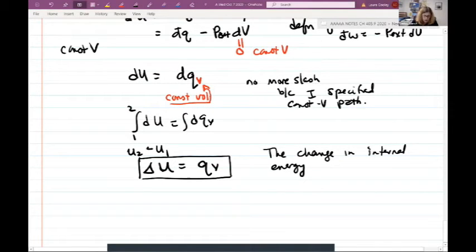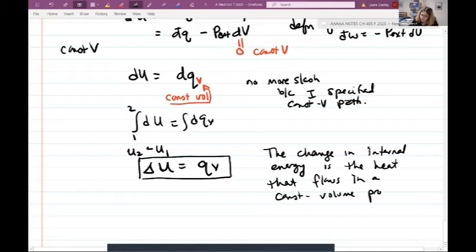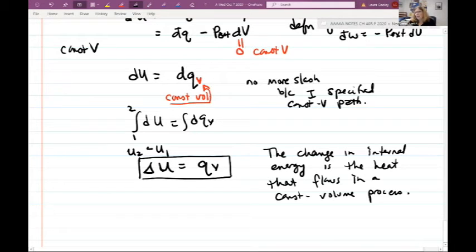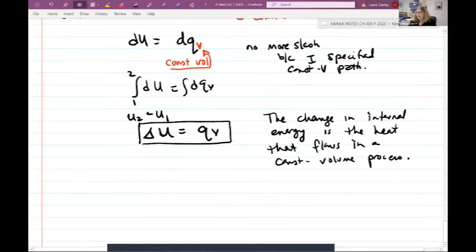The change in internal energy is the heat that flows in a constant volume process. So if you measure the heat that's flowing into or out of the system for a process that's at constant volume, you have just measured the change in internal energy. Wow, that's kind of cool.